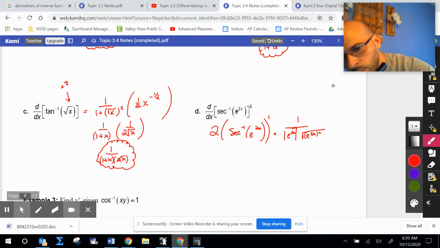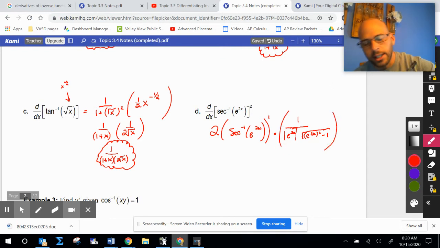I believe it is. Minus 1. Okay, so that's the derivative of the secant inverse times now the derivative of e to the 2x, which is still e to the 2x, times the derivative of the 2x, which is 2.